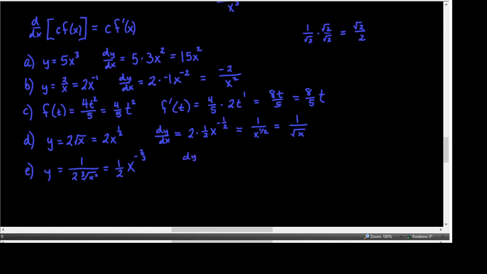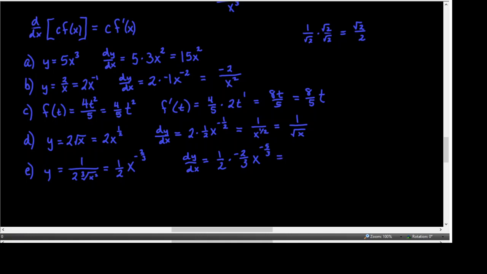So our derivative, dy dx, our derivative of y with respect to x, is going to be the constant times the old power times x to the reduced by 1 power. Negative 2/3 minus 1 is negative 5/3.